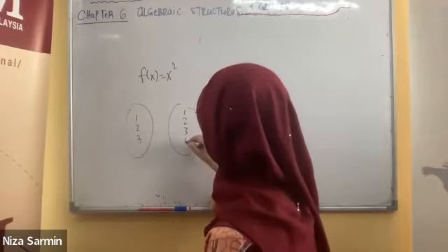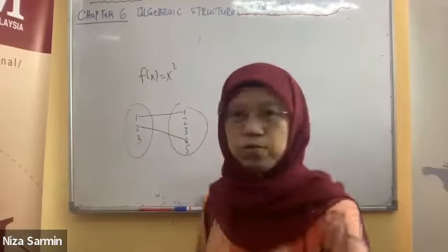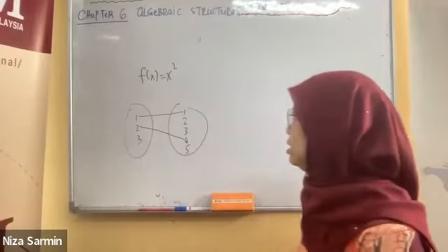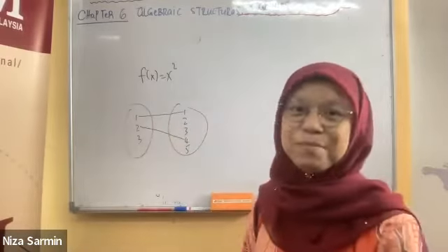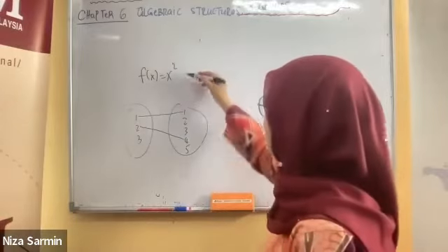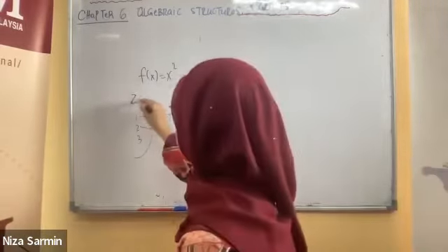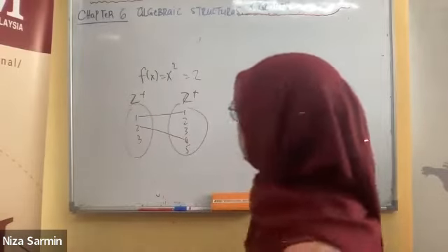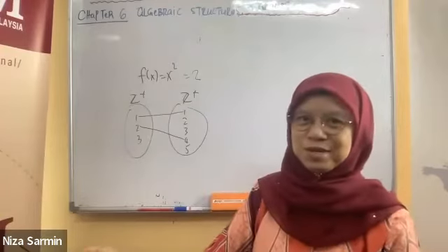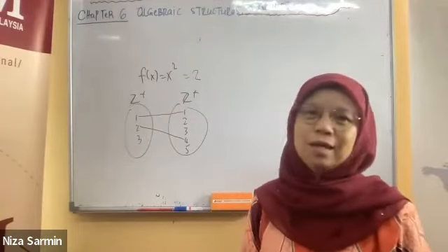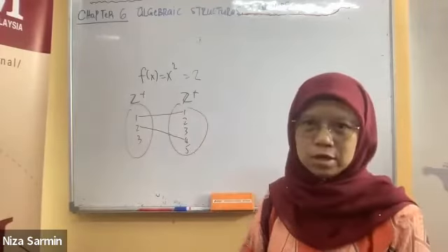If this is 1, 2, 3, 4, 5, 1 goes to 1, 2 goes to 4. So this is not onto because 2 is not an image, right? You cannot find x if this is integer. For example, there is no x such that x squared is 2, right? X will be square root 2, done. It's not onto. Just find something which is not an image.